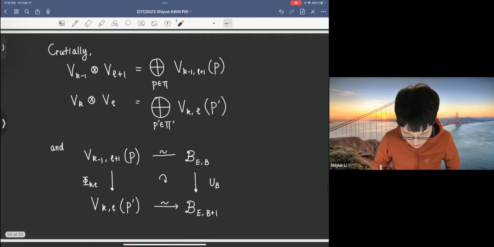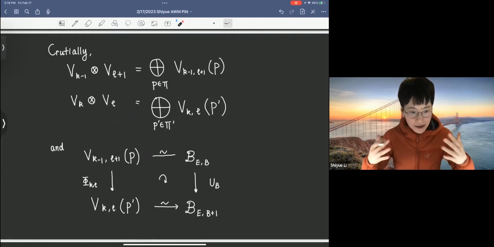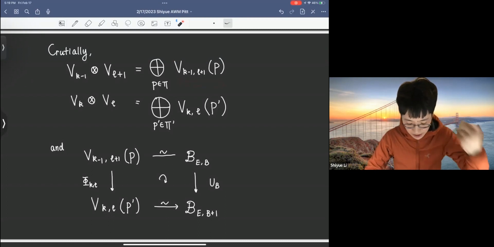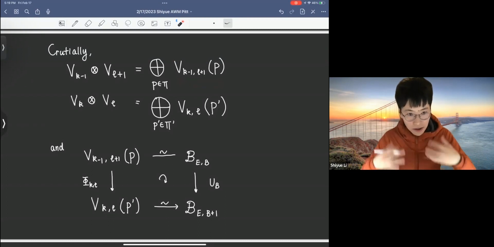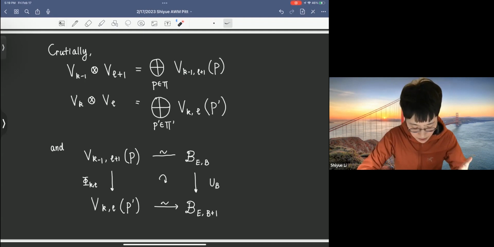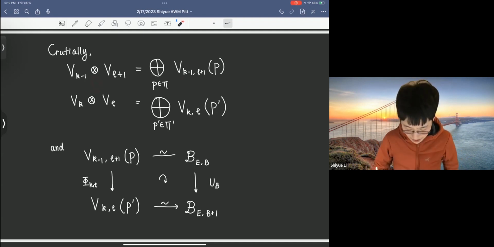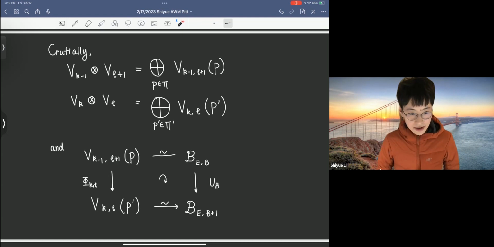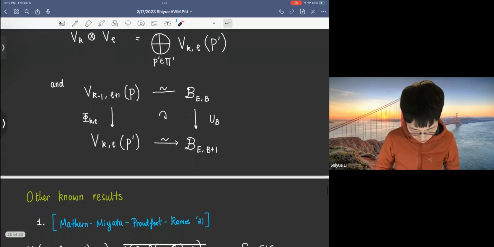And because on each direct summand the operator is injective, in total we obtain a map that's injective on the total vector space, or graded representation. So that concludes the proof of the statement that I've shown you.